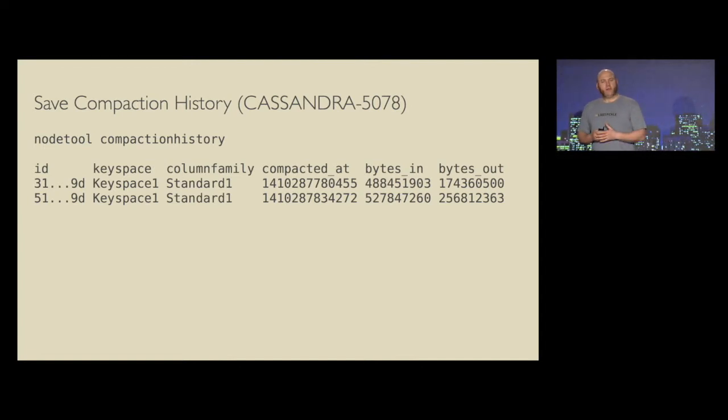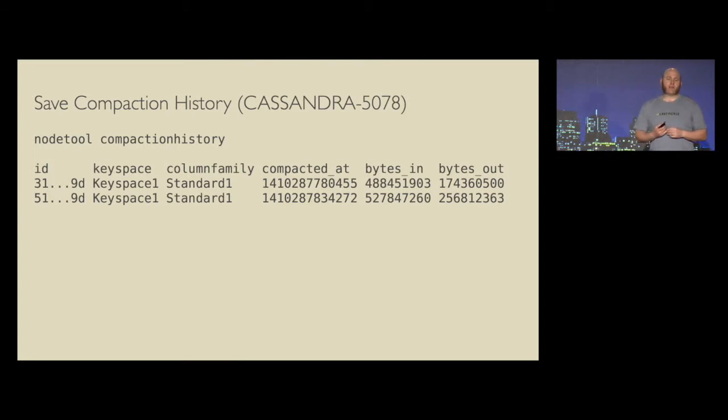I cut off one column here, which is the number of rows that actually got merged. So the merge count of, hey, there were 2,000 cells that only had one fragment and 5,000 cells that had two fragments. I don't know why, but the timestamp there, compacted at, is Unix epoch, which is not the most human-friendly thing.